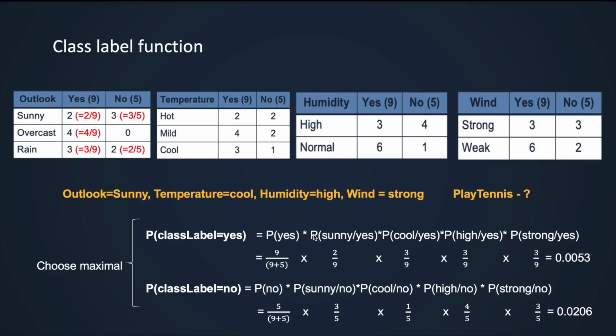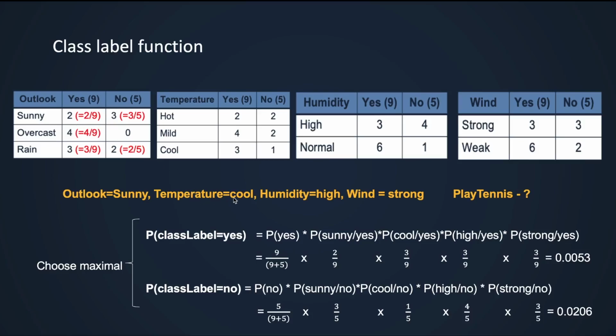So, probability of sunny for the class label yes: when we look at the outlook, sunny has two instances with the class label yes. So the value is 2 by 9.